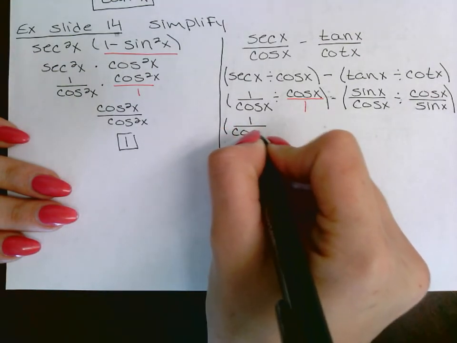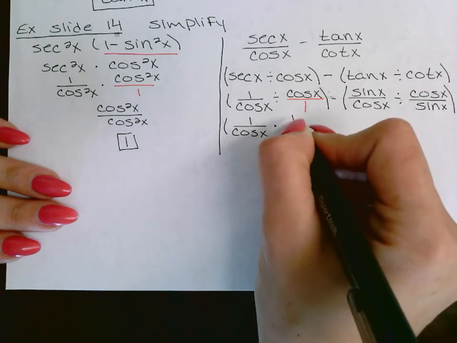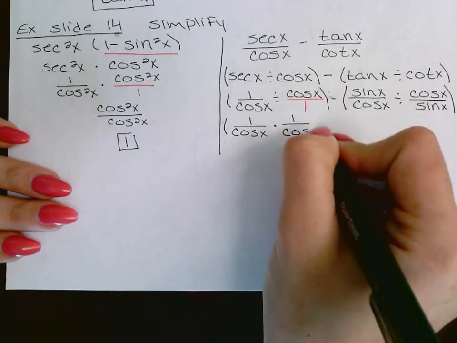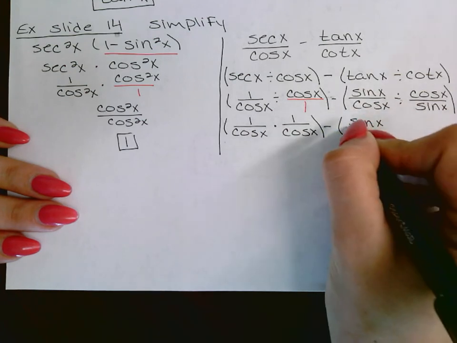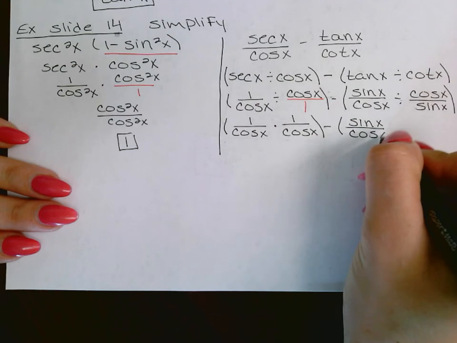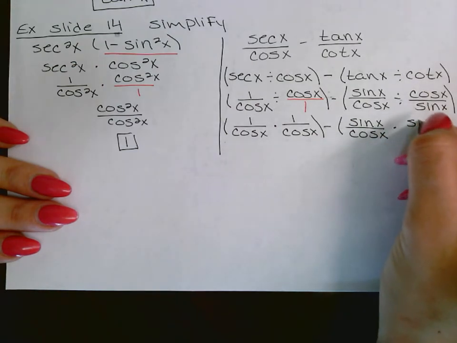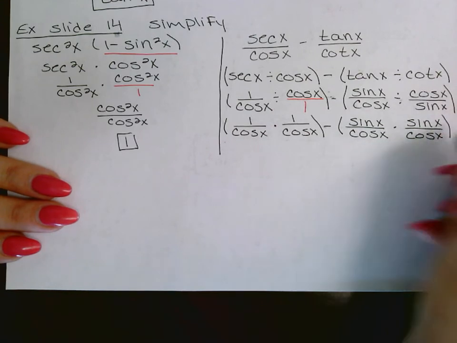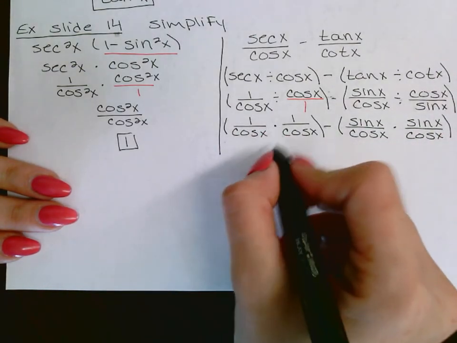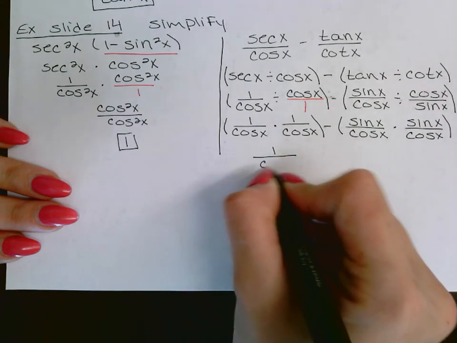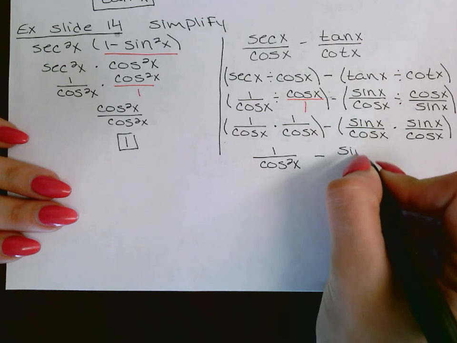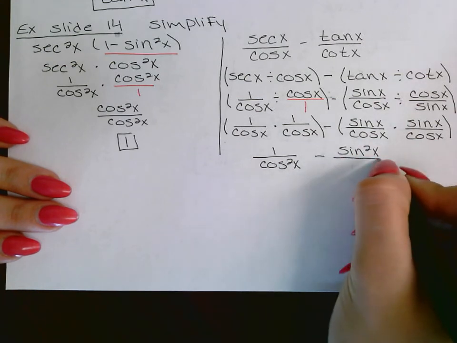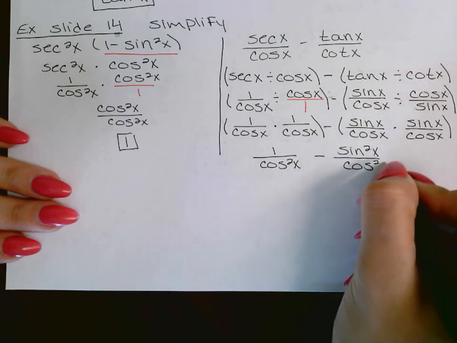So I have 1 over cosine of x times 1 over cosine of x minus sine of x over cosine of x times sine of x over cosine of x. Okay? When I combine this, I have 1 over cosine squared minus sine squared over cosine squared.